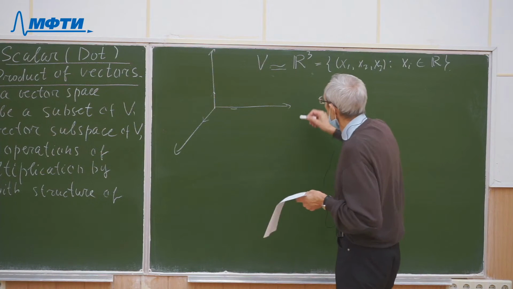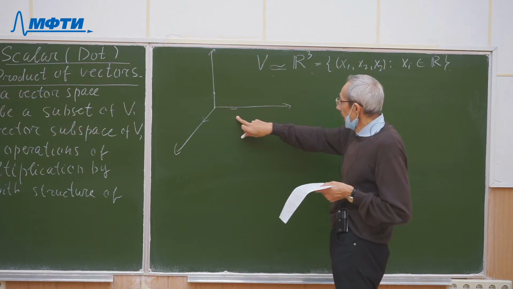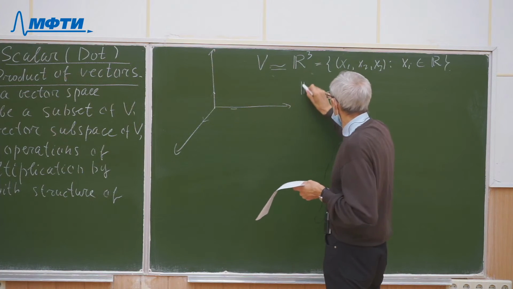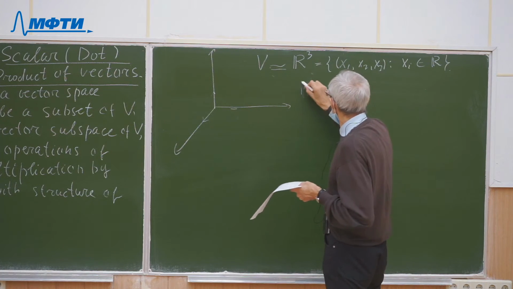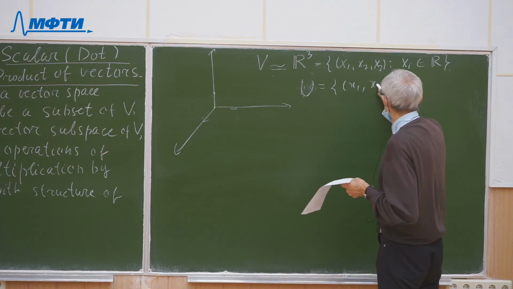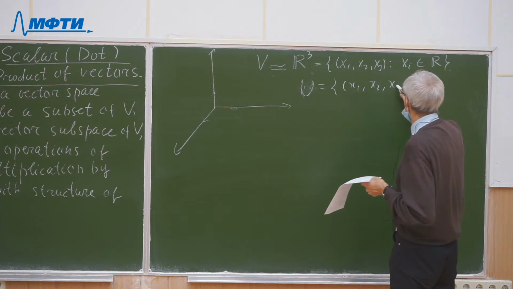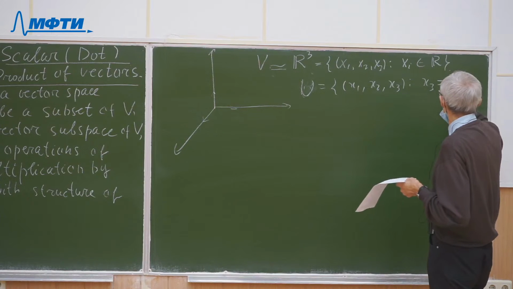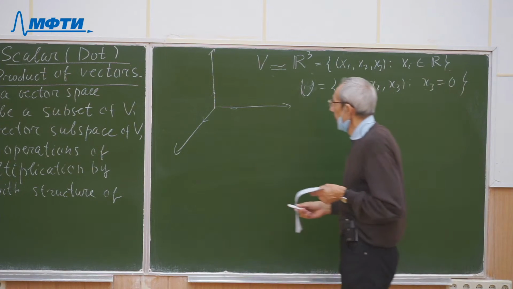And let's consider the following subspace: U is the set of coordinates x1, x2, x3 such that x3 is equal 0.